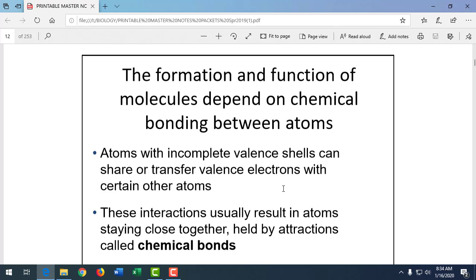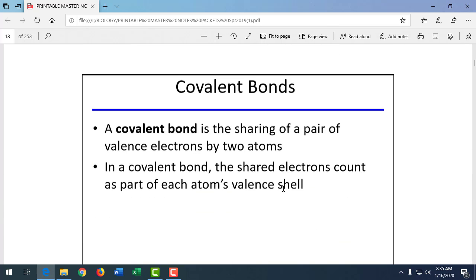So they're going to share to make a covalent bond or transfer to make an ionic bond. So that's the key thing we're going to distinguish now. Is it covalent or is it ionic bond that's involved for getting these outer energy levels to be full? So a covalent bond is where we share a pair of electrons.